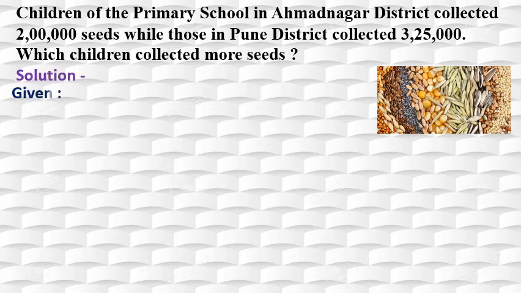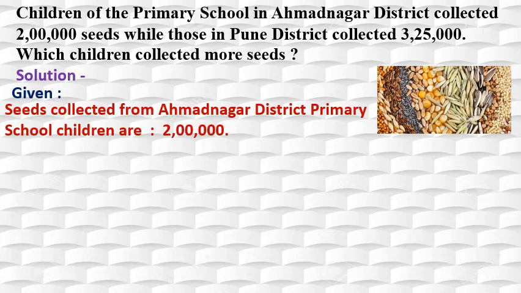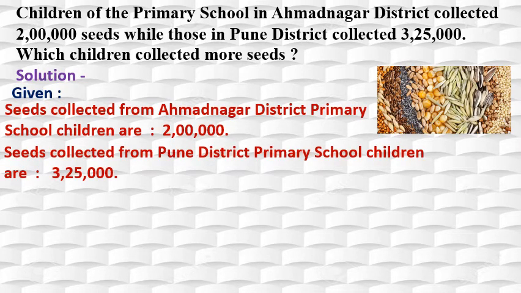Here the solution we will write like this. First, given. What is given here? Seeds collected from Ahmednagar district primary school children are 2 lakh. It is given in the question. The second thing is seeds collected from Pune district primary school children are 3,25,000.